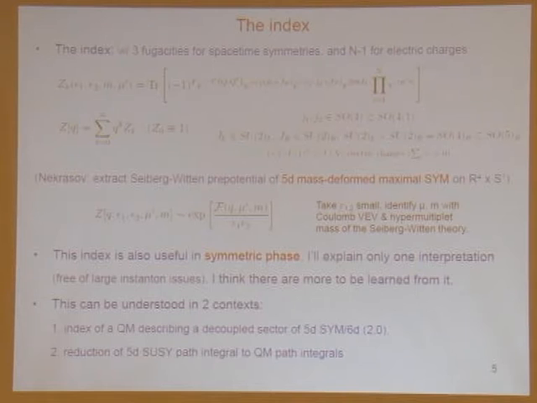But probably the most important reason why I introduced to you this Coulomb phase partition function is that it is also a useful intermediate quantity for us to study the conformal phase or symmetric phase of this 6-dimensional 2-0 theory. So the main thing I'll explain to you today as a simple example is how you can use this to study the symmetric phase physics.